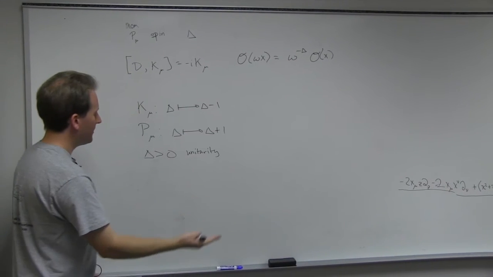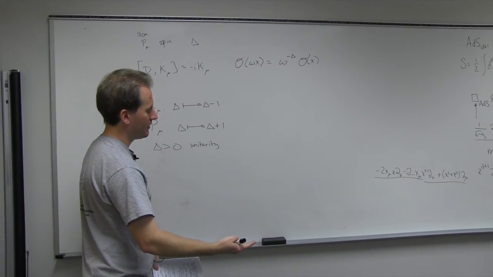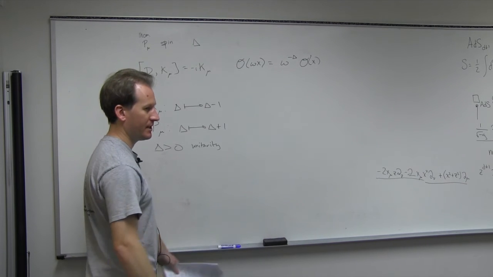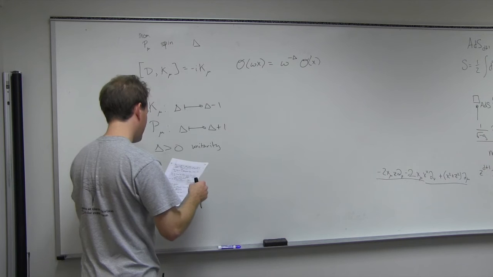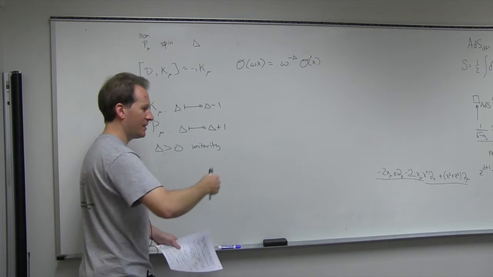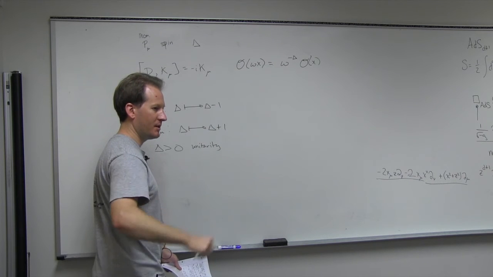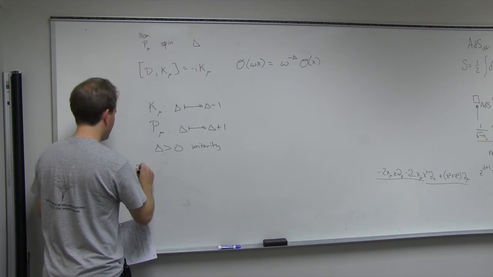So that means that I can keep applying K until eventually it has to annihilate the state. And so I'll call those the lowest dimension operators. And those are how I'll label my representations under the conformal group. Those are called primary operators.